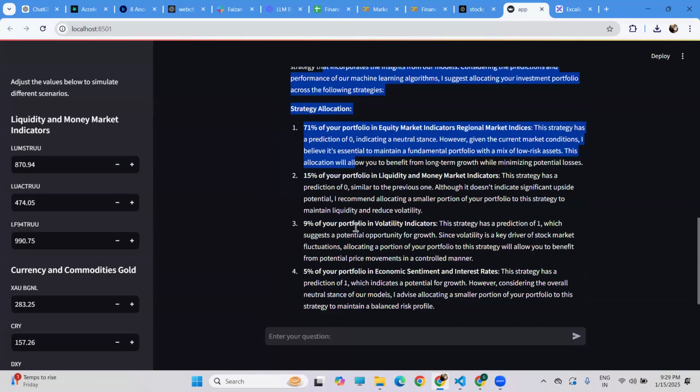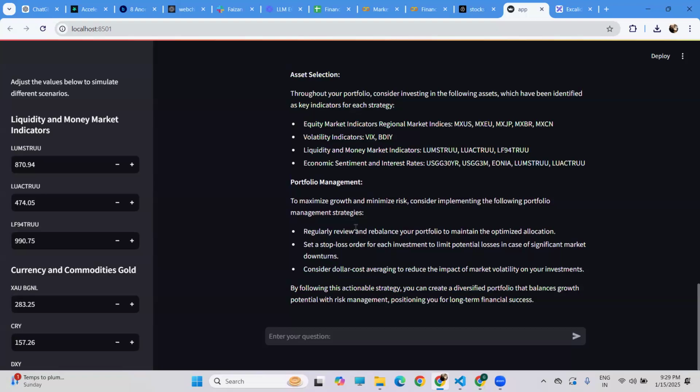And then here are the AI-generated investment strategies for the investor. They can also ask a specific question, like which are the best stocks as per this market situation in the CPU market.